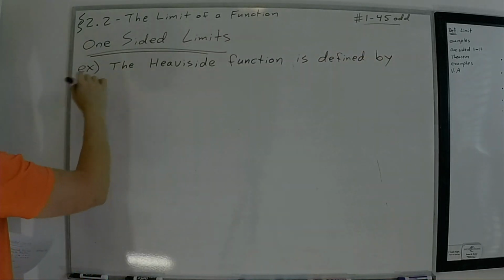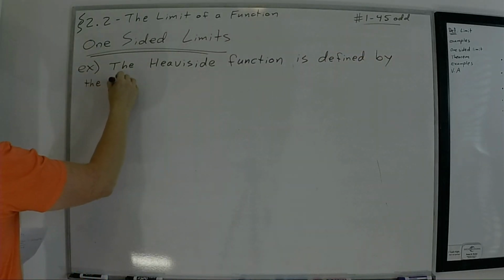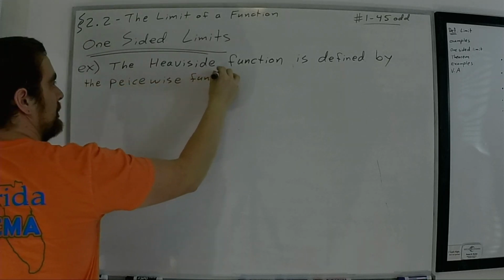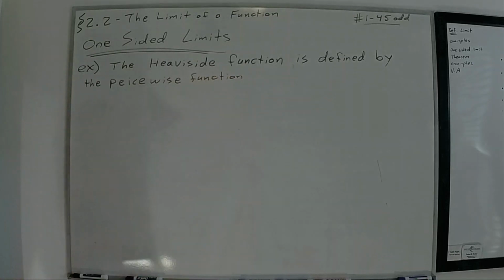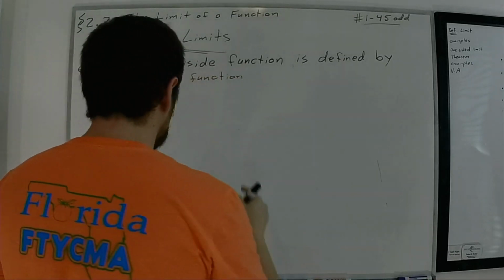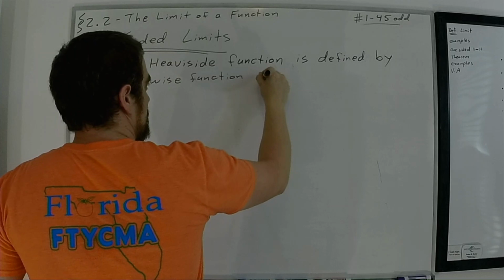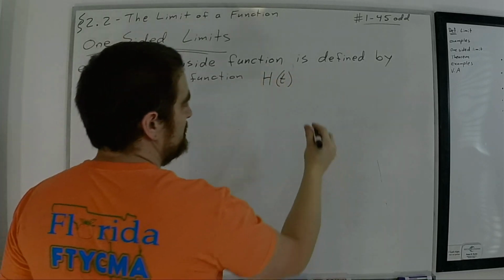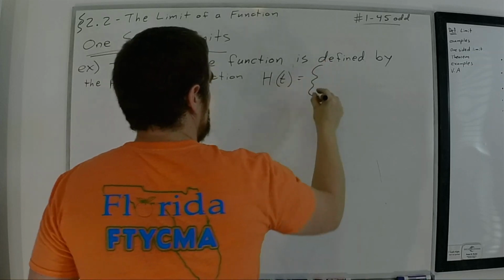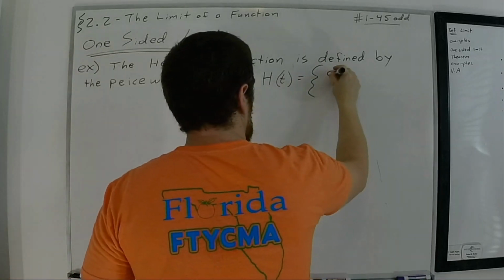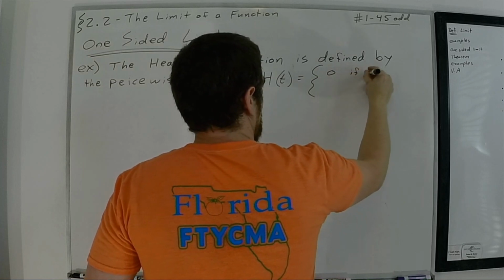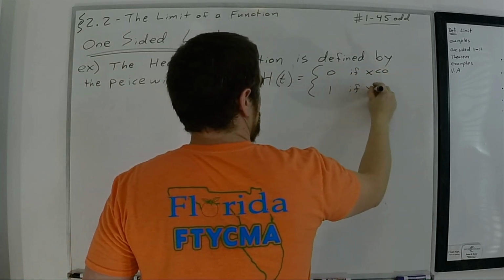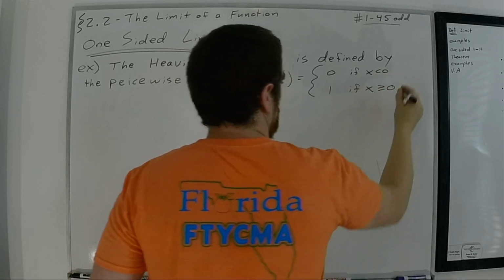So the Heaviside function is defined by what we call a piecewise function. You should remember these from college algebra and maybe a little bit also in pre-calc and trig. And that function is capital H of t. They use t instead of x, t for time, essentially. And this is how we draw a piecewise function, right? 0 if x is less than 0, and 1 is the output if x is greater than or equal to 0.